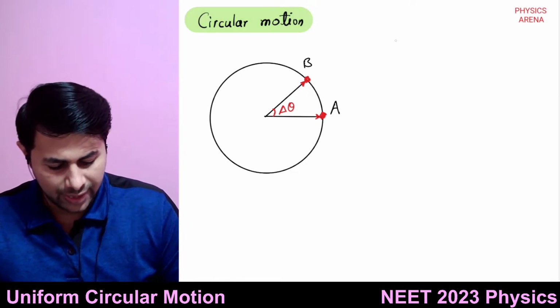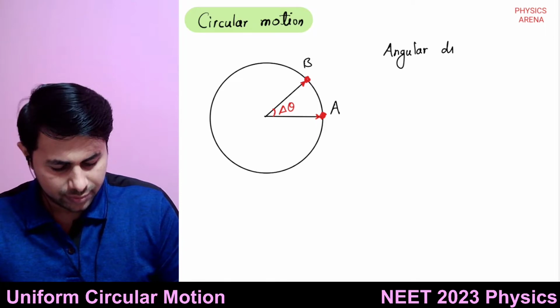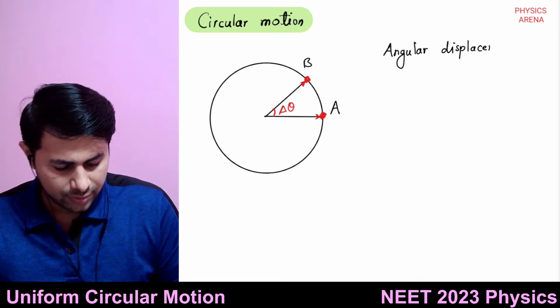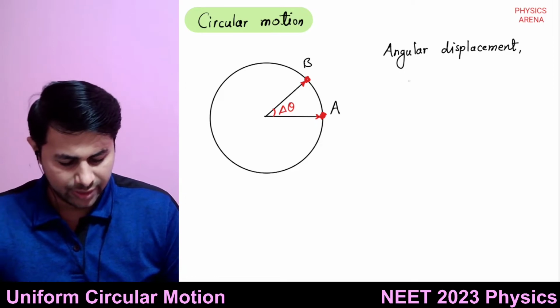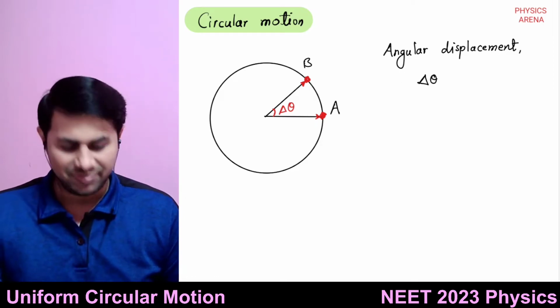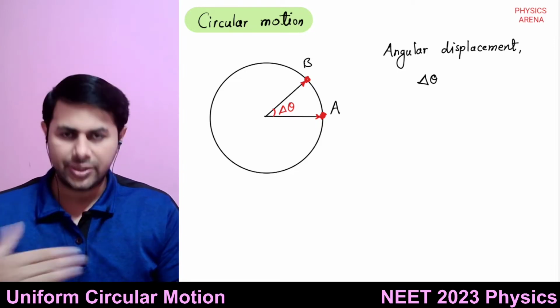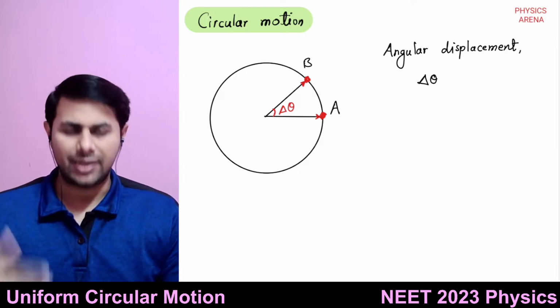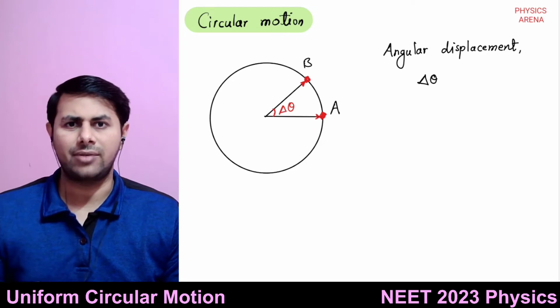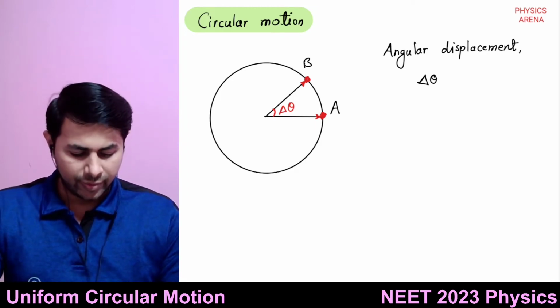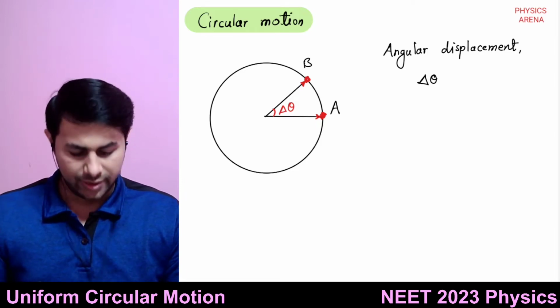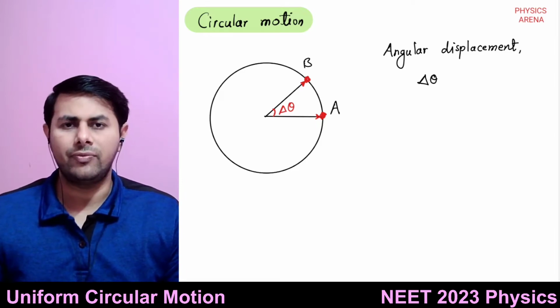So we can define angular displacement. Okay, so angular displacement I am denoting by delta theta, and it is the angle through which the radius vector moves when the particle moves around the circumference of the circle. Then next we can define an angular velocity.